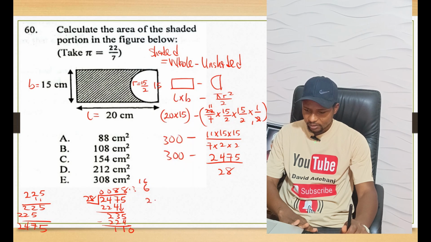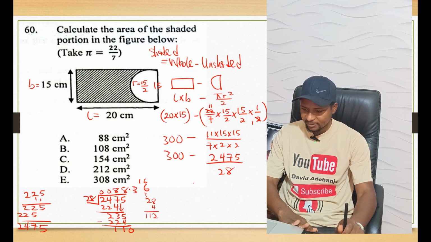Because if you do 28 times 4, that's more than, so it's like 3 times, so approximately 88. Approximately 88. Why am I approximating? Because all the answers are in whole numbers, so you have 300 minus 88.